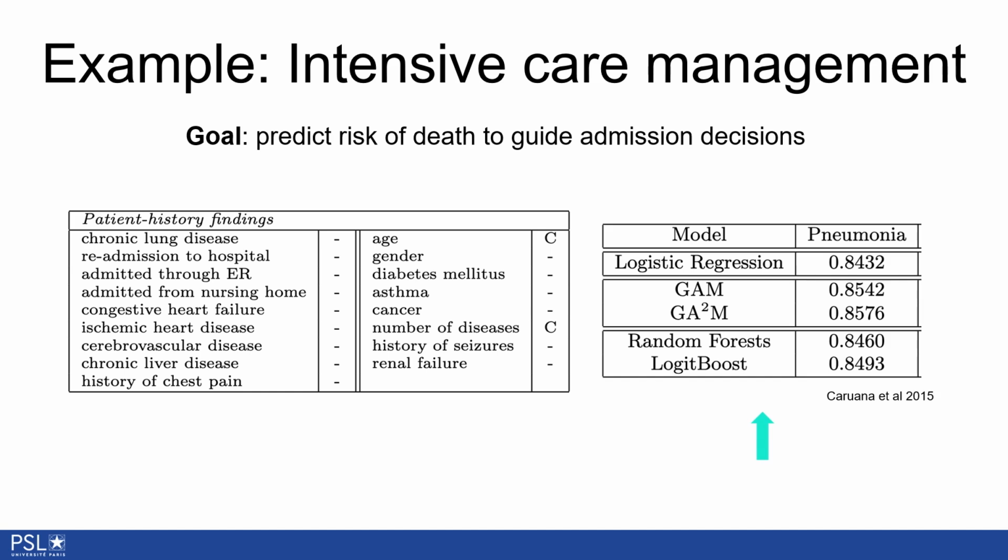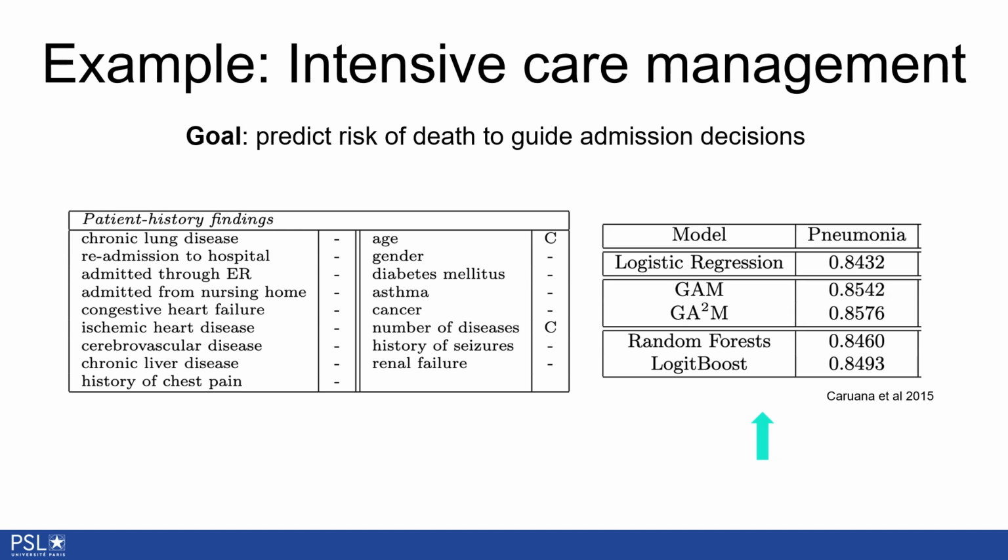Caruana and colleagues started with classical logistic regression and then examined generalized additive models, as well as generalized additive models with quadratic terms. Then they also considered more complex, non-interpretable black box models, in particular random forest and logit boost.